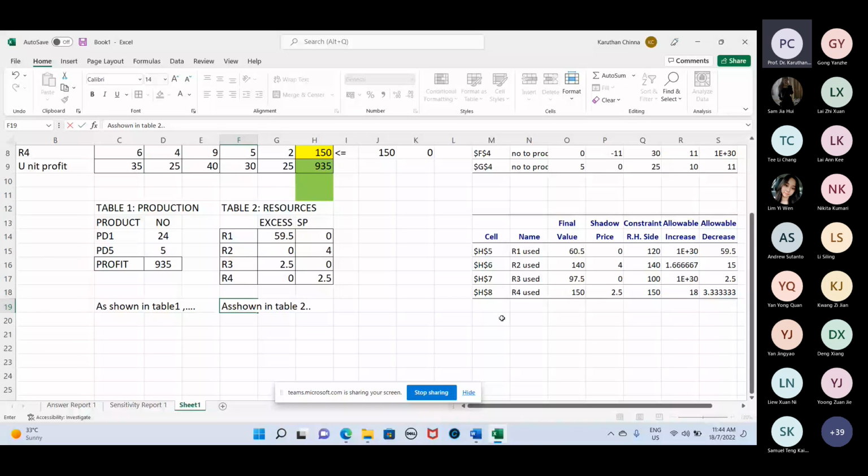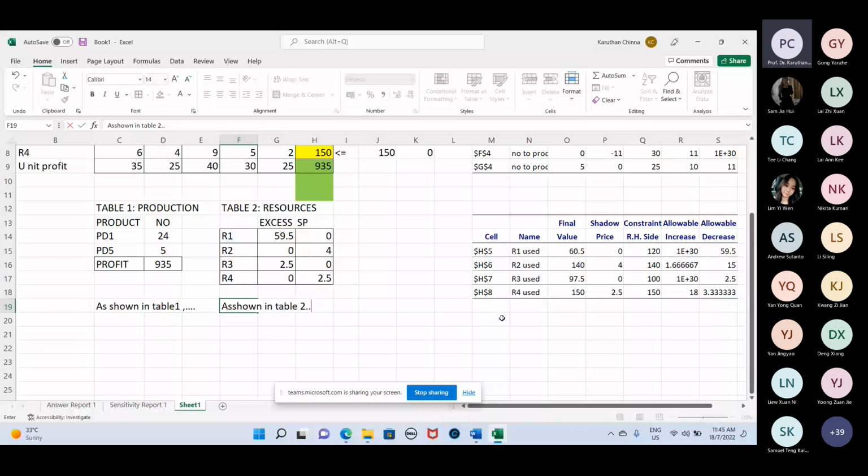The shadow prices for R2 and R4 are 4 and 2.5, which means to acquire one additional unit of R2 and R4, one can pay a maximum of $4 and $2.5 respectively.